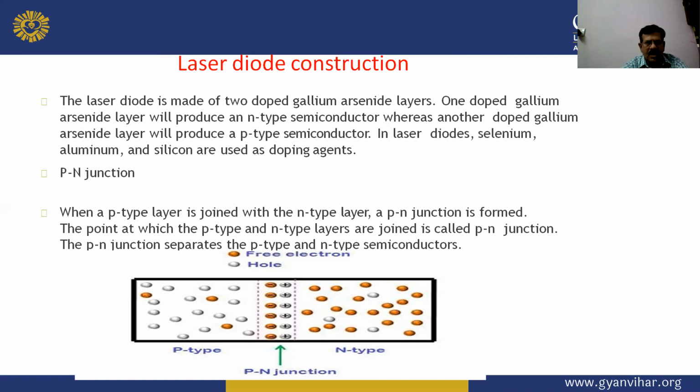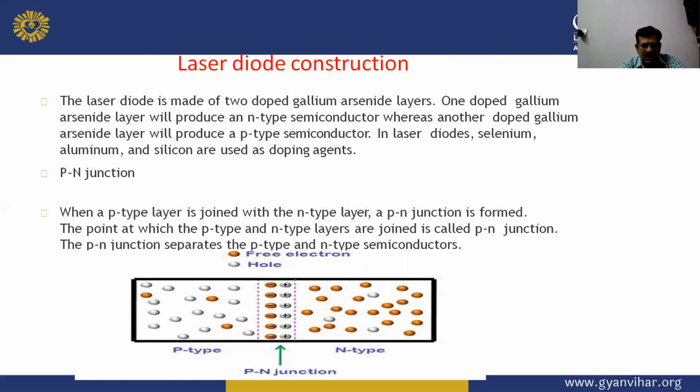In a laser diode, selenium, aluminum, and silicon are used as doping agents.